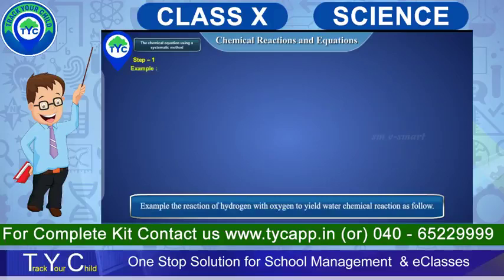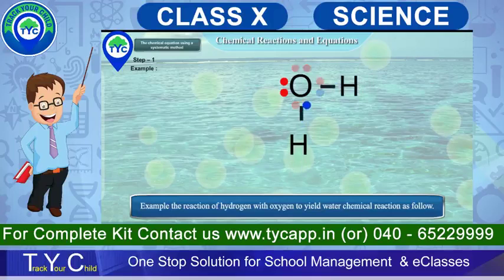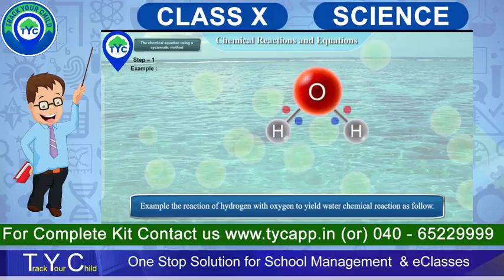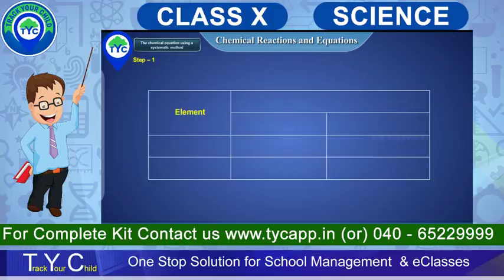The reaction of hydrogen with oxygen to yield water is H2 plus O2 gives H2O. Element, number of atoms, LHS, RHS: H, 2, 2; O, 2, 1.